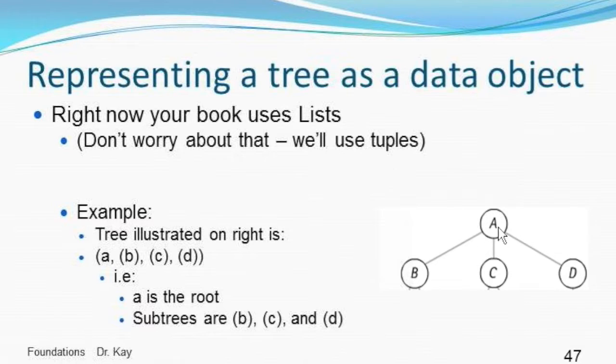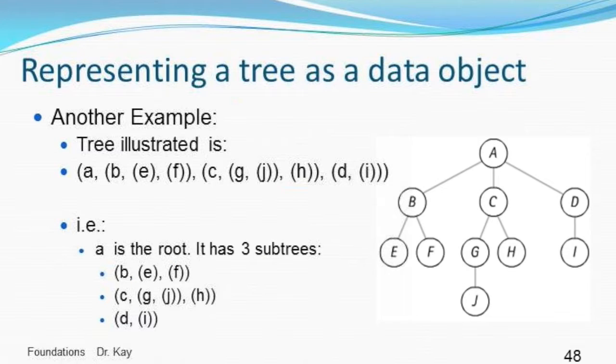A is the root, so we start by saying here's the root, and then following the root are all the children of the root. So we've got subtrees B, C, and D, right? And we can keep doing this sort of recursively. So in this case, A is the root of the tree, so that's the first element in my tuple. And then we take each of the subtrees in turn and make that the next element.